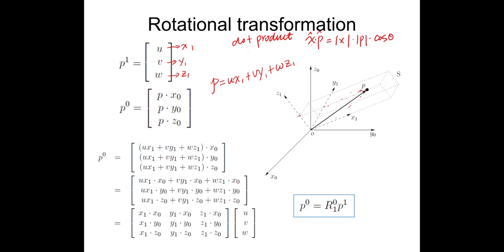And if we know the coordinates of x and p, we can also calculate it by adding these values together, right? So there are two methods of calculating the dot product.